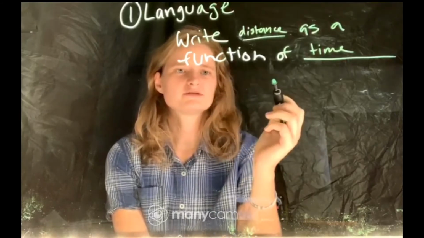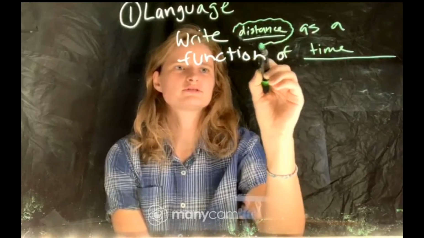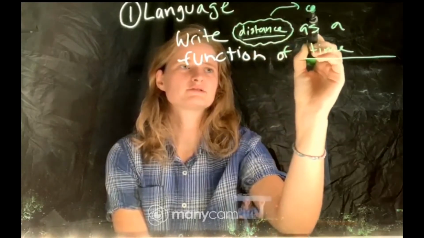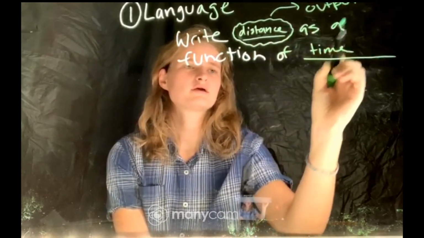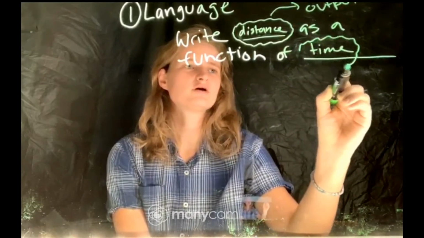And when you see this phrase, the variable that you're writing as a function, this is our output. So in our case, distance is output. And the variable that it is a function of, this is input.